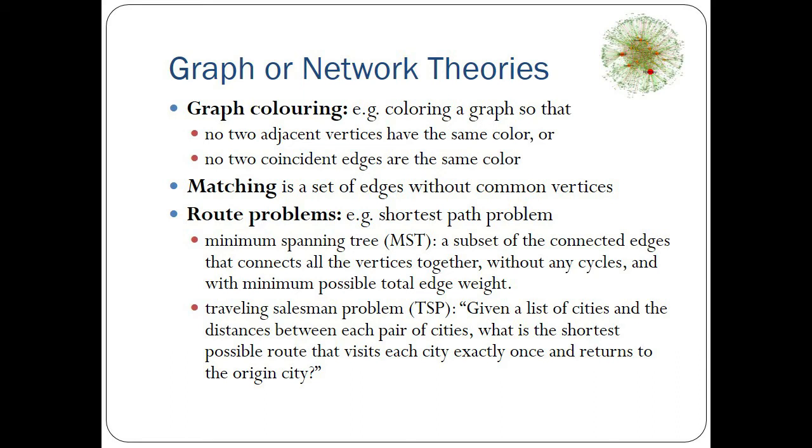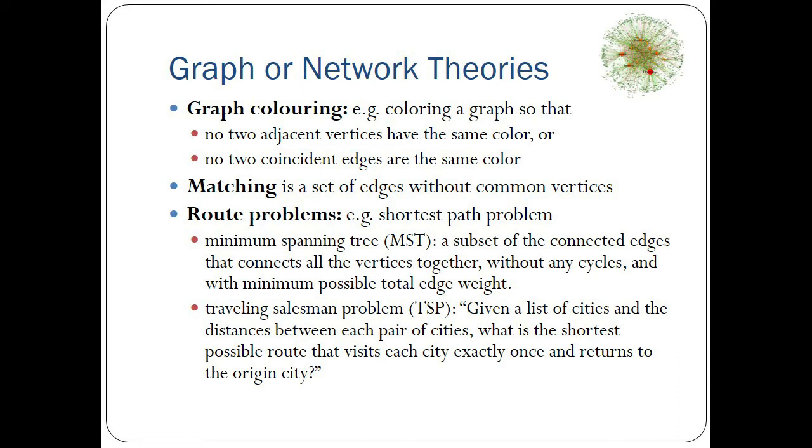What is graph coloring? It means coloring a graph so that you follow some definitions that you define. Coloring of a graph could be done under various definitions. For example, we consider two types of definitions. One: no two adjacent vertices have the same color.